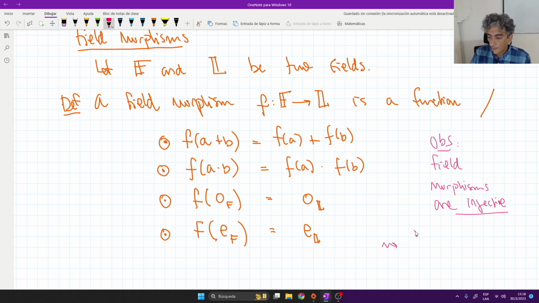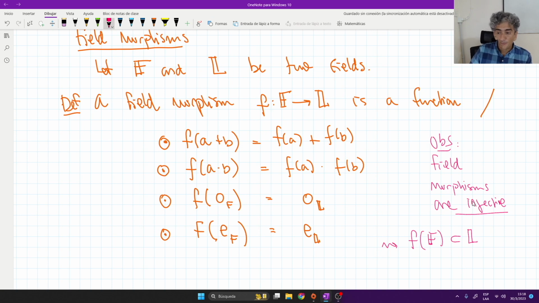So, the image of the field F can be seen as a subset of the field L. So this is a very restrictive condition. This is a very, very restrictive condition for a function to be a field morphism.